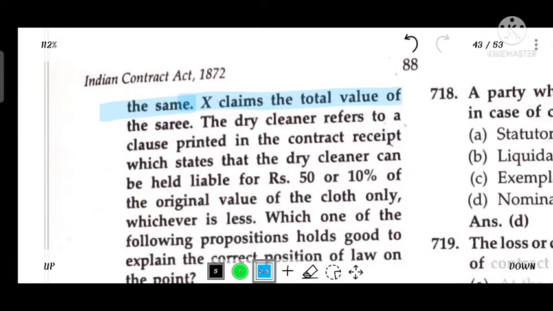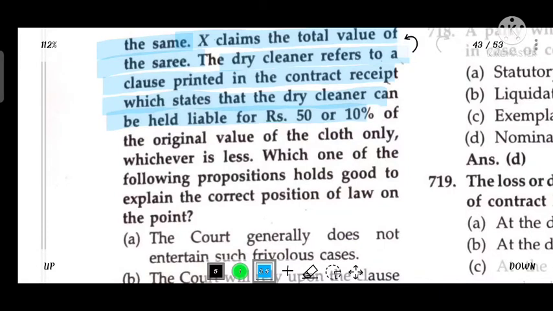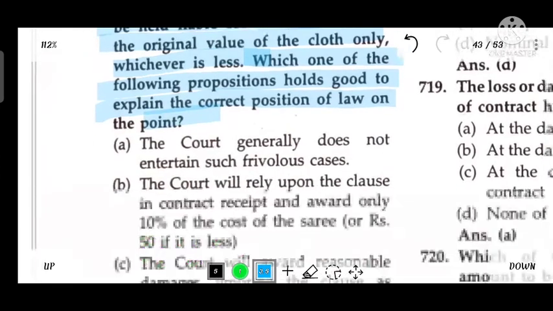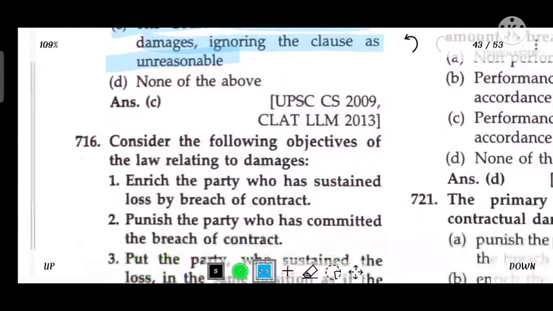X claims the total value of the sari. The dry cleaner refers to the clause printed on the contract receipt which stated that the dry cleaner can be held liable for rupees 50 or 10% of the original value of cloth only, whichever is less. Which one of the following propositions holds a good explanation of the correct position of law on that point? The court will award reasonable damage, ignoring the clause as unreasonable.